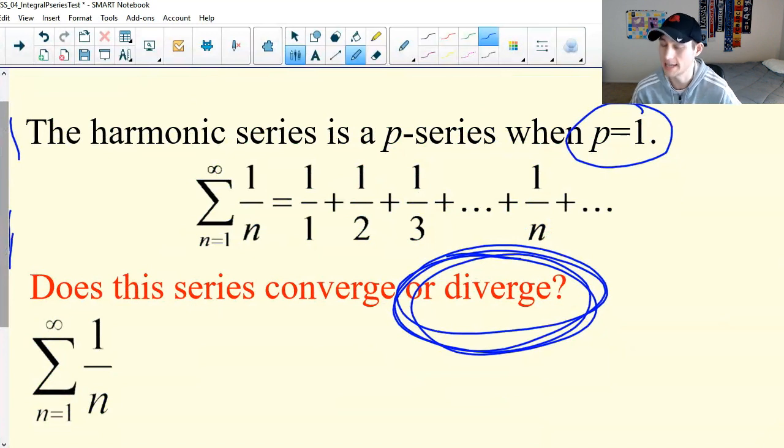It is for other ones, like n squared. If it's 1 over n squared, then that infinite series just equals 1. It all adds up to 1. But not for harmonic.